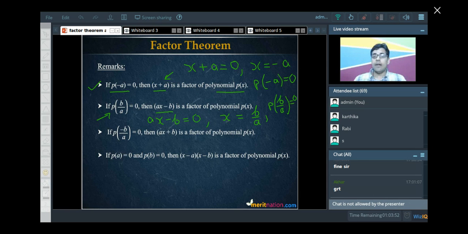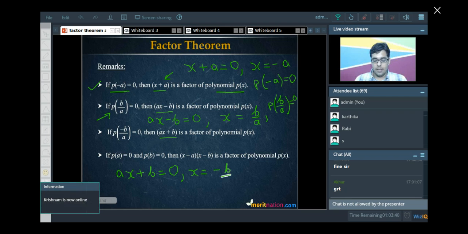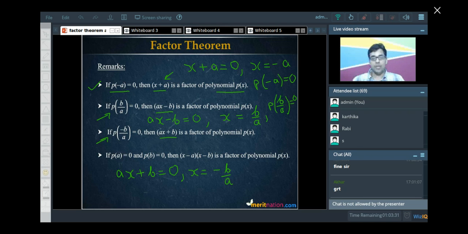Similarly, for the third remark, the divisor is ax plus b. Putting ax plus b as 0, we find the value of x as minus b by a. Now putting this value of x in the polynomial p(x), p(minus b by a) is 0. Those are some remarks from the factor theorem.